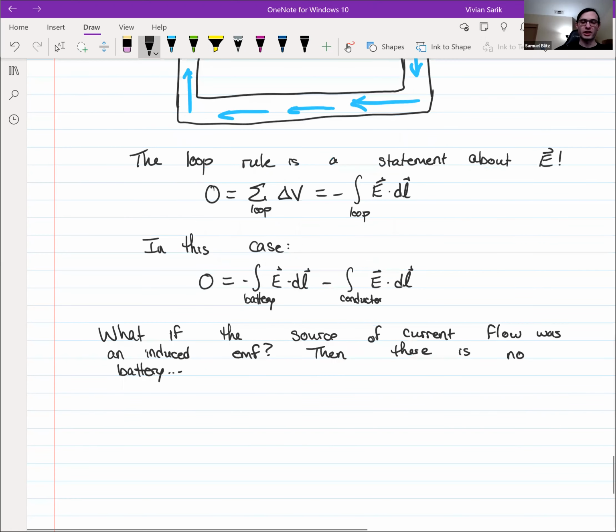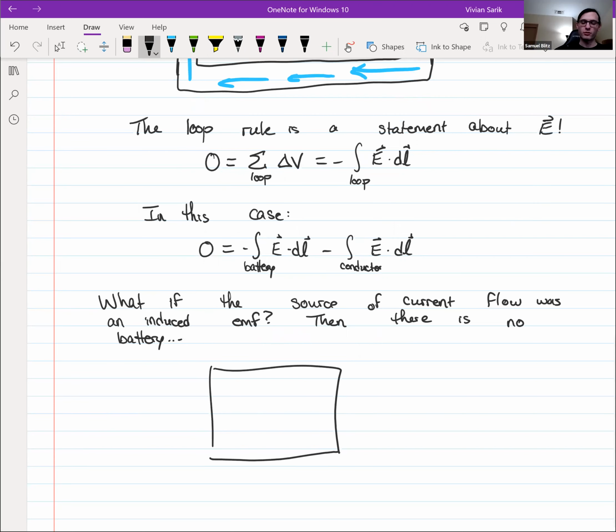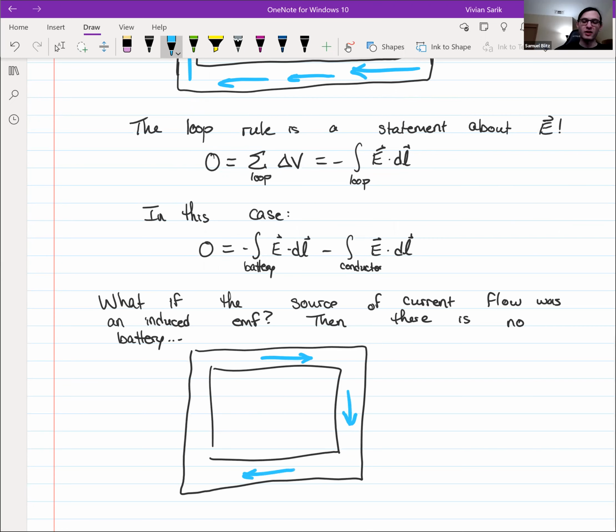And so our picture looks like this. And so we just have an electric field running in a loop without any obvious battery. Now here maybe there's magnetic fields with magnitude decreasing in this direction, but there's no actual source of the electric field that can cancel out that EMF.